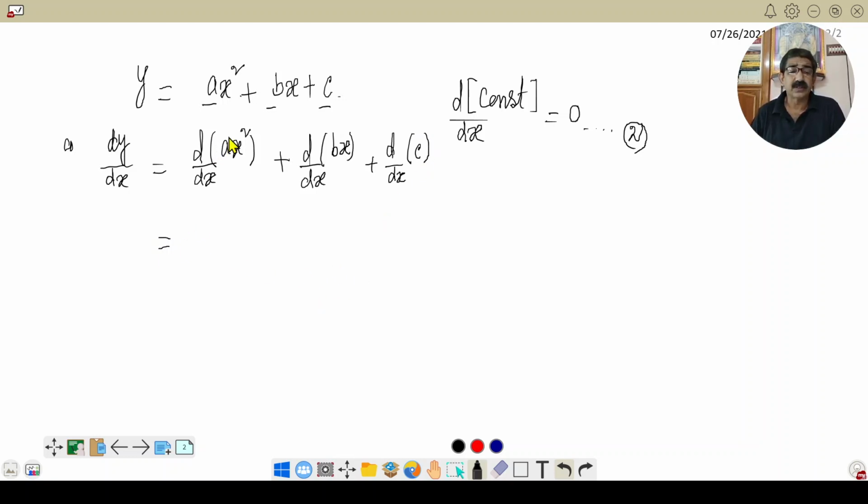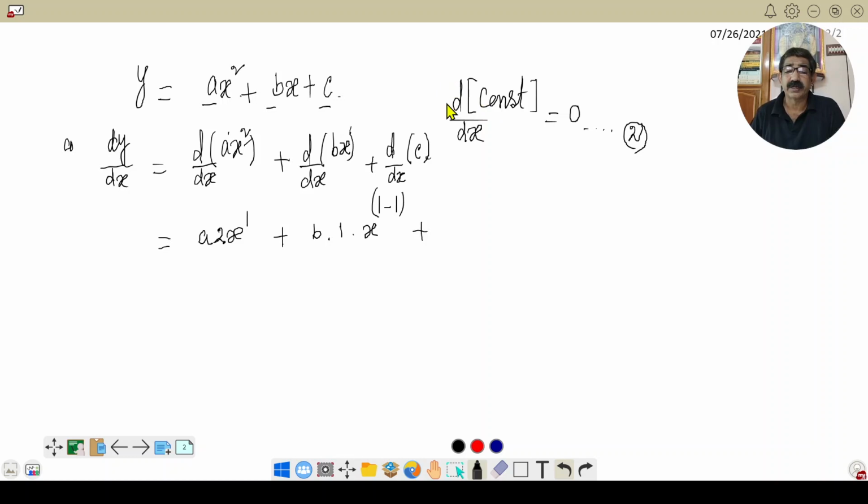This constant quantity will be taken here, a into x to the power 2 will be multiplied with a, and this power will be reduced by 1. That means 2 minus 1 is equal to 1, plus b, here x to the power 1, so 1 and x to the power 1 minus 1, plus d of c, a constant.